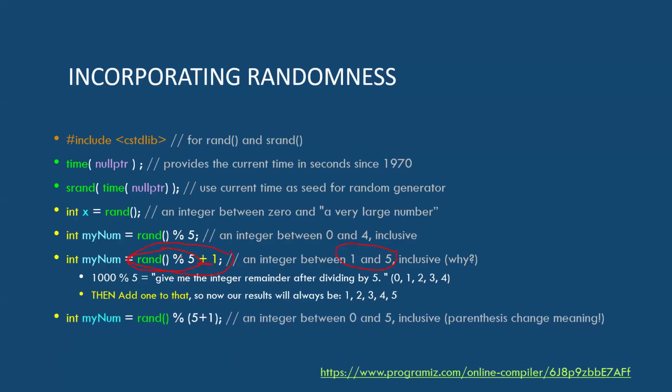Just be aware that, like always, your parentheses and how you use them will change the meaning of what's going on there, okay? Without parentheses, the 5 goes over here with that, and then we add 1 to the result. Over here, of course, this happens by itself, and that becomes a rand modulo 6, okay? So just a little parentheses reminders there for you, okay?